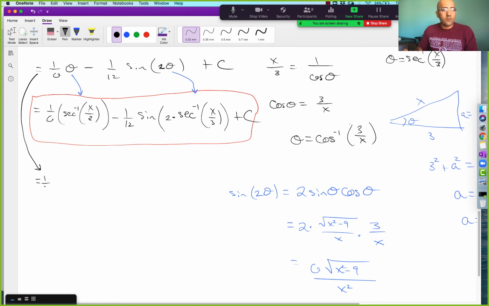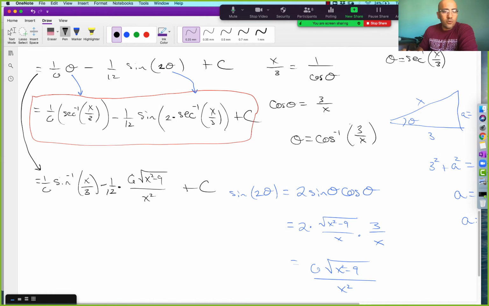So that'll be equal to 1/6 inverse of x over 3 minus 1/12 times, and then this sine 2 theta we established is also equal to 6 square root of x squared minus 9 all over x squared, plus some constant.